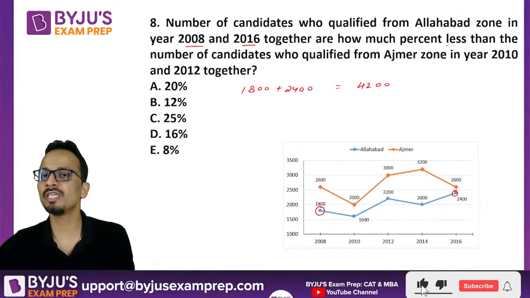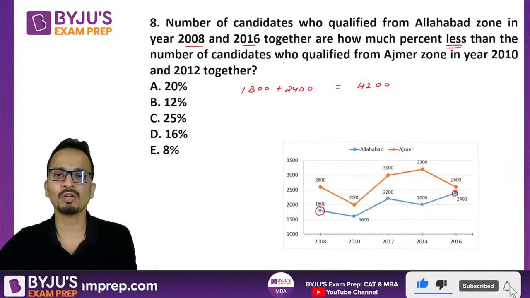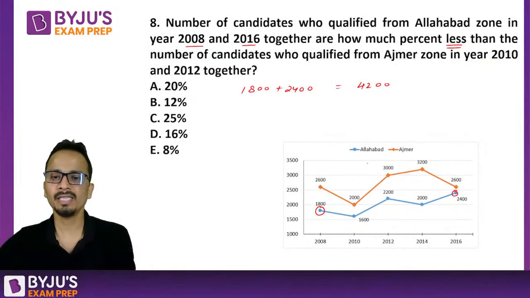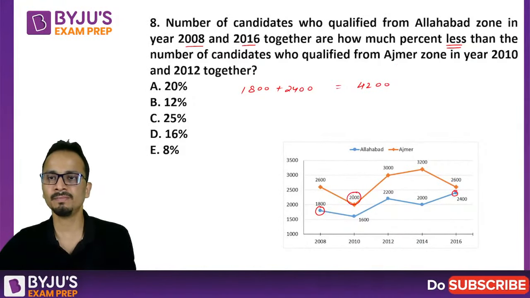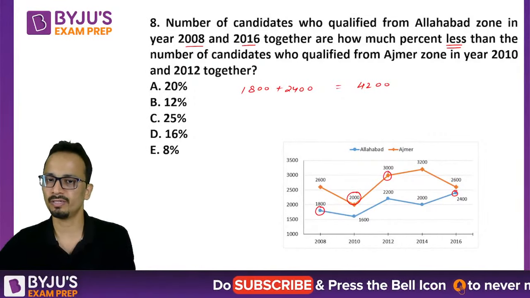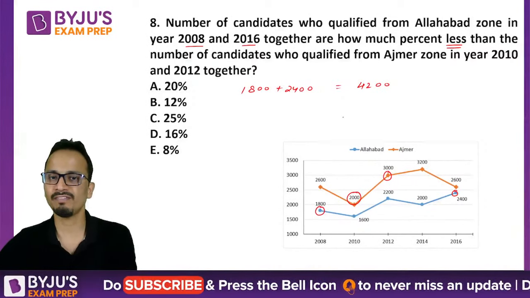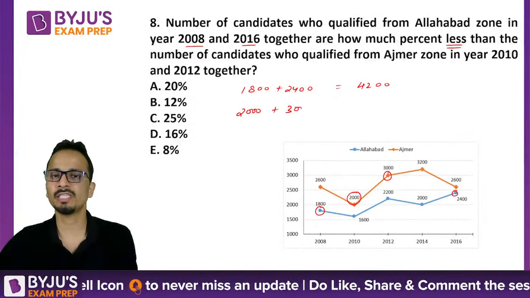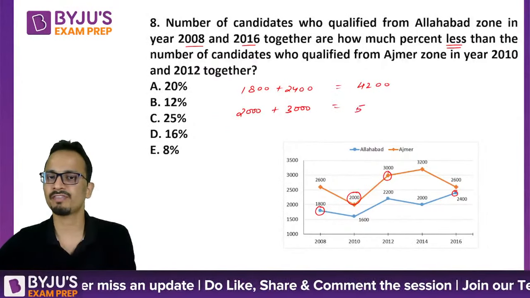It is how much percentage less than the number of candidates who qualified from the Ajmer zone in the years 2010 and 2012 together. So this is 2000 plus 3000, that is 5000.